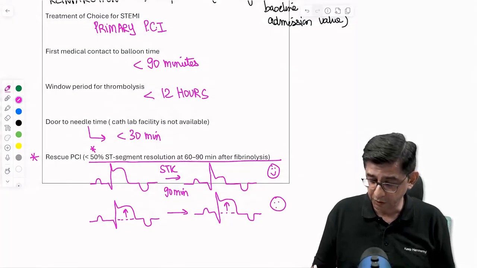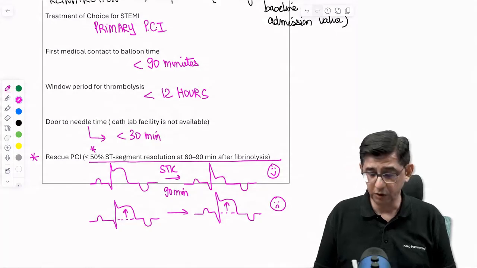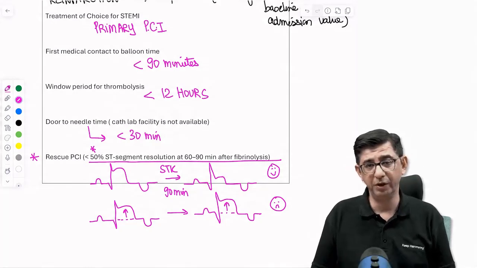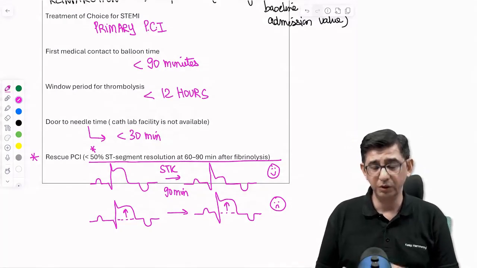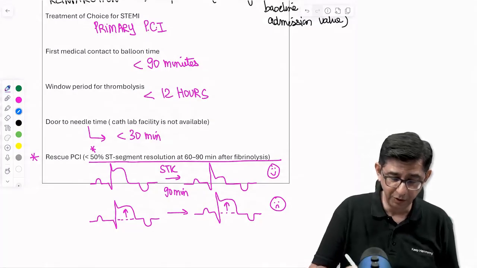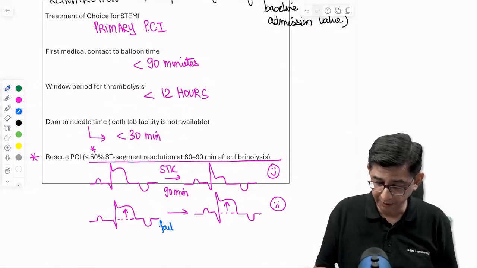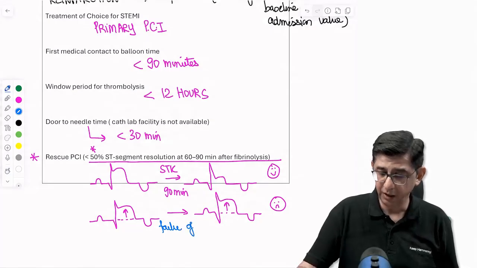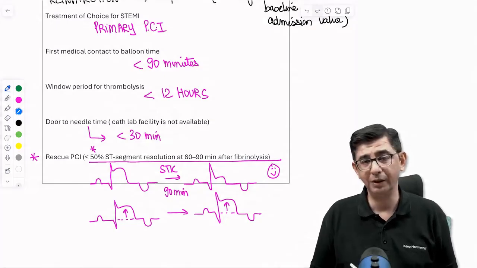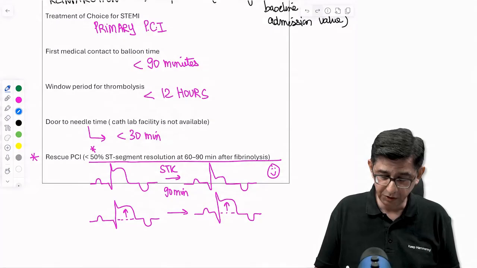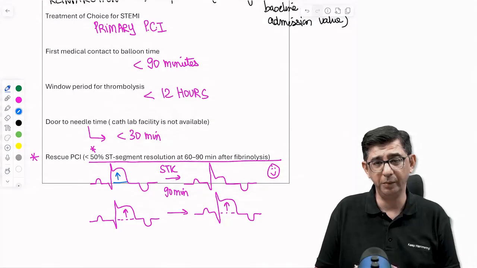But this is the situation which is a cause of concern, because I have done thrombolysis in my patient, but in spite of 90 minutes having passed by, the ST elevation is not coming down. So this particular part that I've represented indicates failure of thrombolysis. I'll just highlight this once again, guys. The point to be understood is that the ST elevation initially present is, let's give it a mathematical value, 4 millimeter.